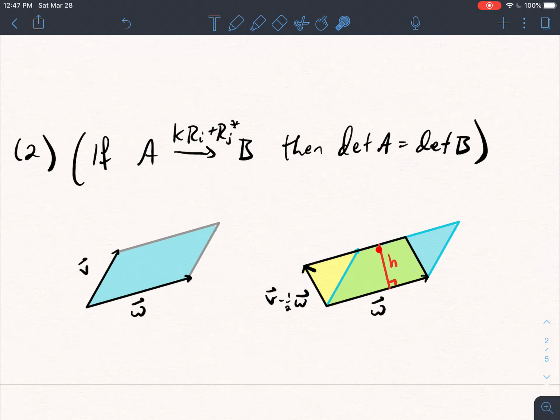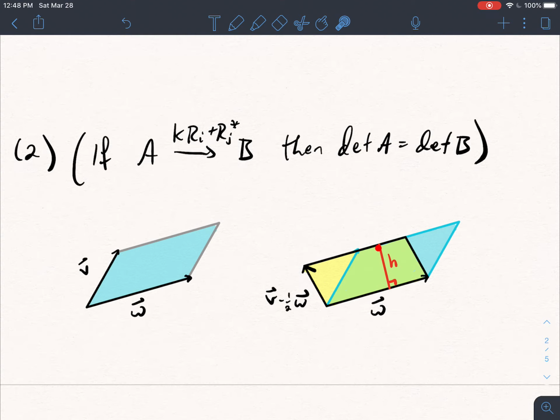The slant height does not actually matter at all. The only thing that matters is the height, which is formed by taking a line perpendicular to your base and drawing that to the other side of the parallelogram.